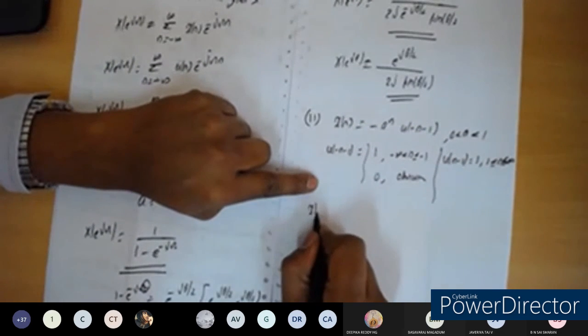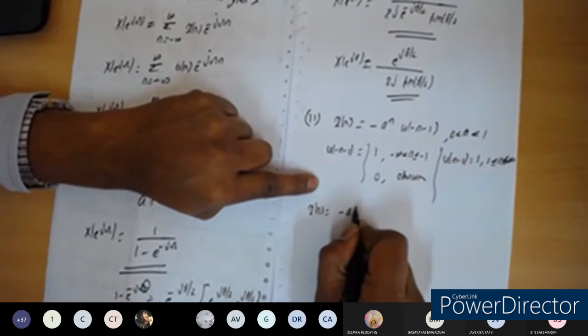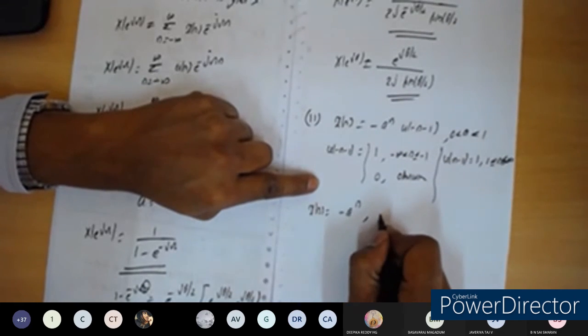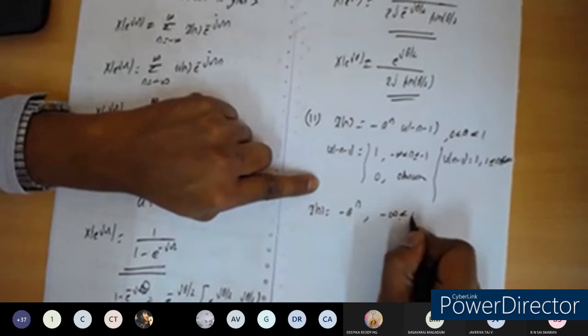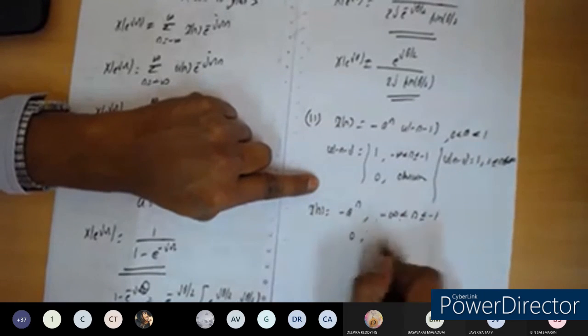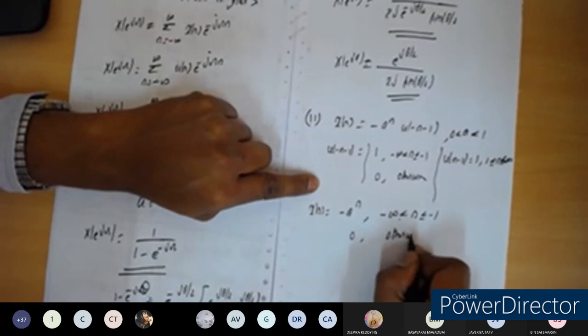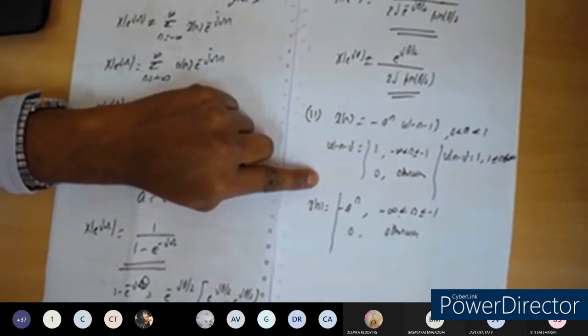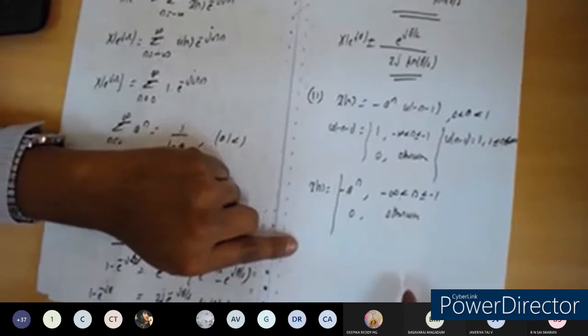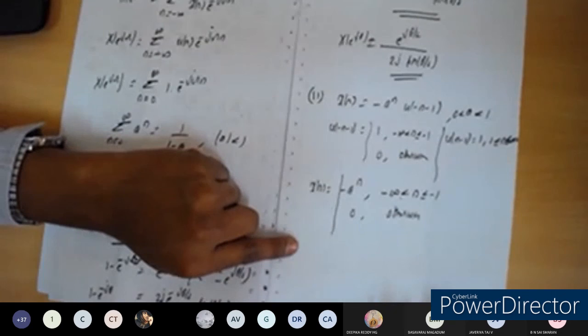So x of n can be written as minus a to the power of n from minus infinity to minus 1, and 0 otherwise. In the formula, let us change the limits accordingly.